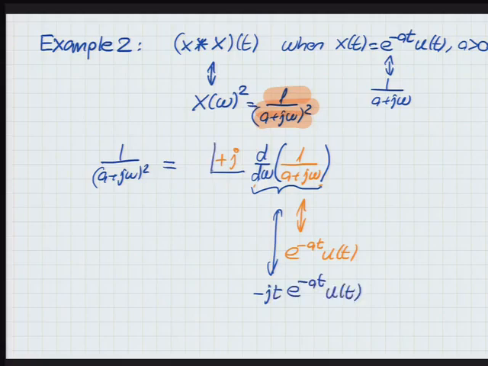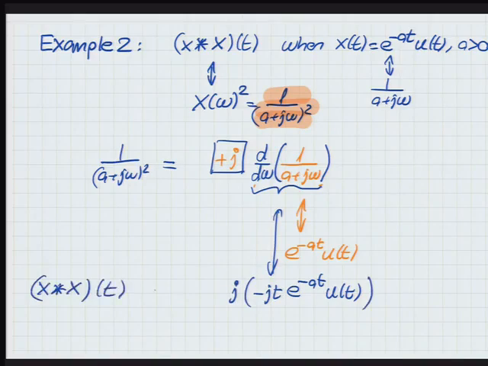But we have a j hiding here because of the linearity property of Fourier transforms. Scaling one thing in the time domain scales the same thing in the frequency domain, that kind of stuff. So that means we have to also multiply with j, right? So that means our convolution is this, and happily you get a negative j squared, that is 1, right?